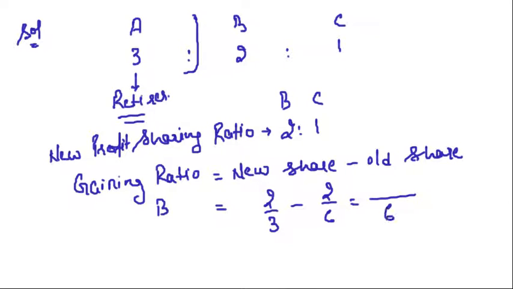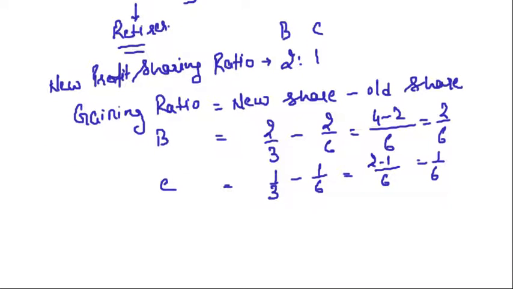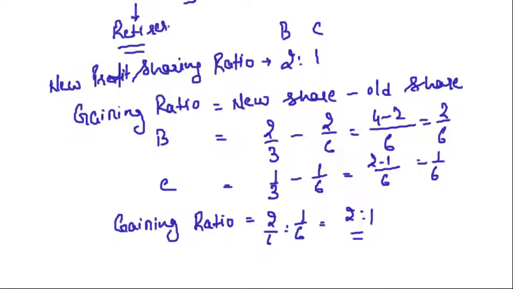So this comes to 4/6 minus 2/6, which is 2/6. For C, what is the new share? 1/3. What is the old share? 1/6. So 2/6 minus 1/6 is 1/6. So what is the gaining ratio? The gaining ratio comes to 2/6 to 1/6, that is 2:1.